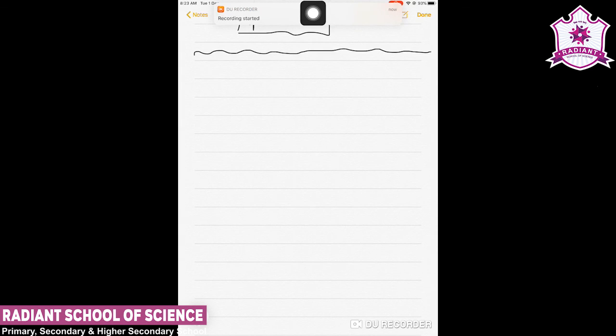Now we will see example number 10.9 of the exercise of chapter number 10. In this example, they have given us light of wavelength 5000 angstrom. So we have lambda, that is 5000 angstrom, that is 5 into 10 raised to minus 7 meter.